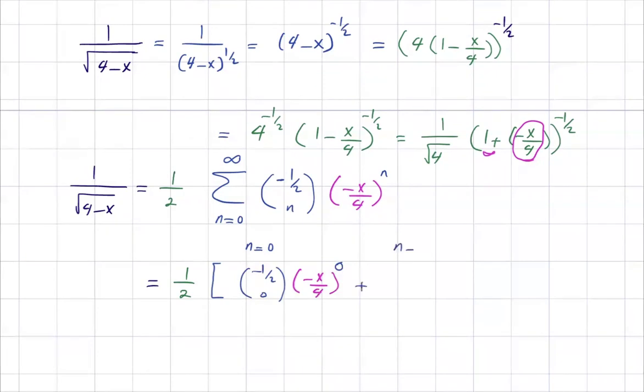Plus, when n is equal to 1, you have negative a half, choose 1, and then you have negative x divided by 4 to power 1. Plus, when n is equal to 2, we do the same process.